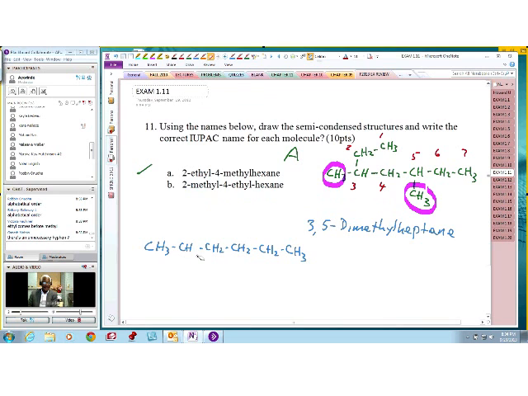So I remove one hydrogen here and place a methyl here. And then 4-ethyl. That's 1, 2, 3, and 4. So I remove one hydrogen here and place an ethyl group.